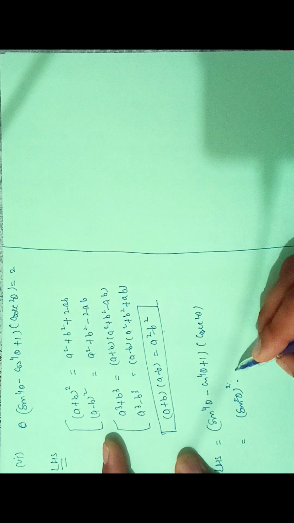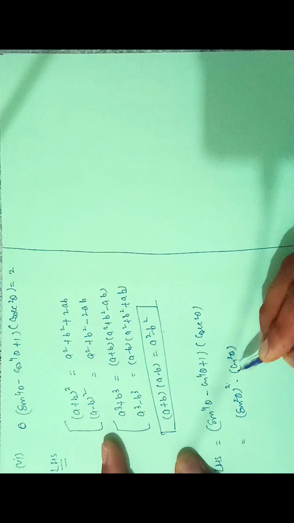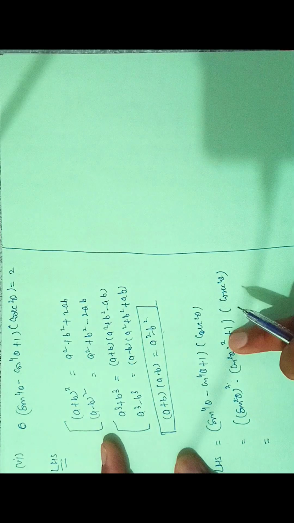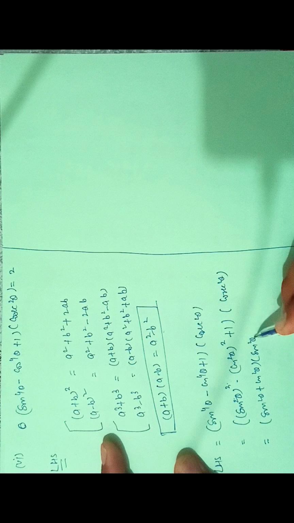Similarly I can write cos square theta and its square, and we'll put 1 here, and this is cosec square theta. Now I'll use the identity a square minus b square. Instead of this, can I write sine square theta plus cos square theta into sine square theta minus cos square theta, and plus 1.